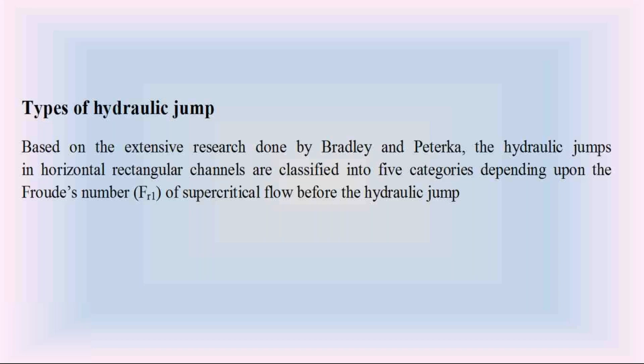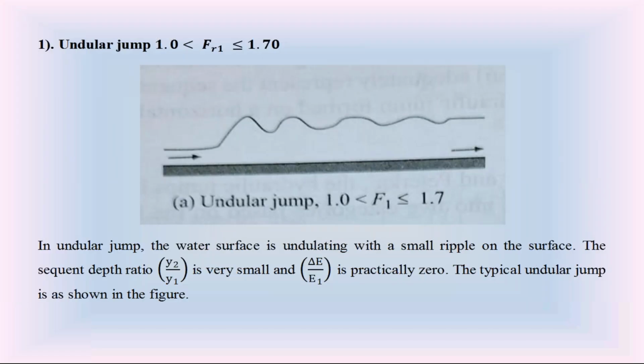The hydraulic jumps formed in open channels are classified into 5 categories based on the Froude number FR1 before the hydraulic jump. You know that before the hydraulic jump the flow is in the supercritical condition, so the Froude number FR1 is in the supercritical range.